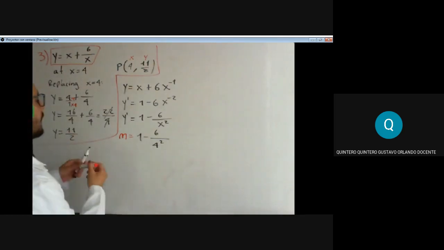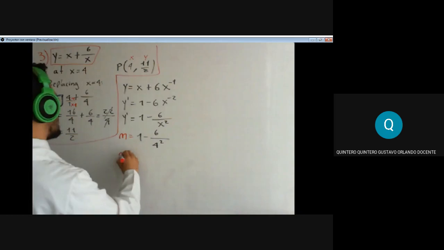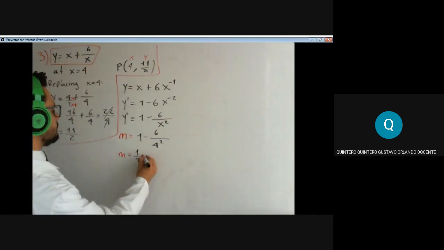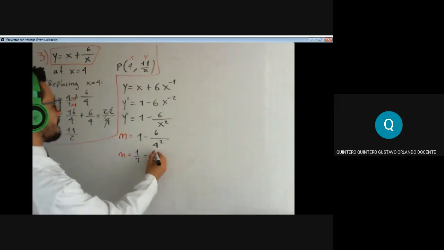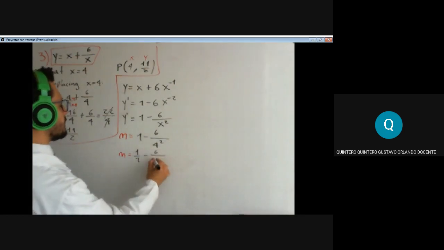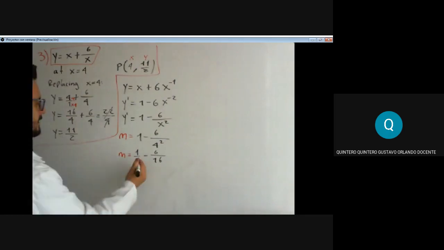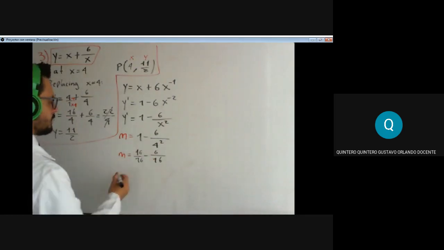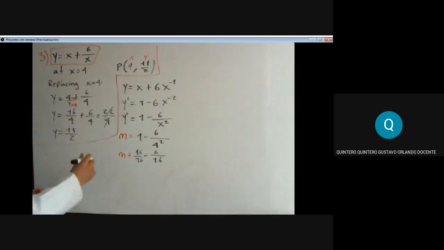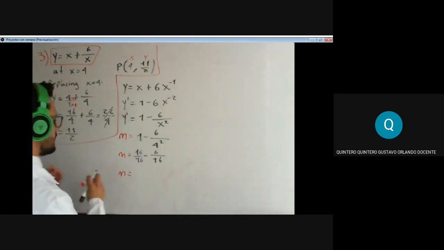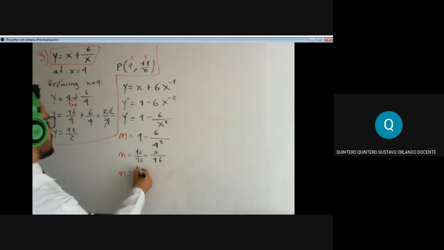Do this in the calculator or with algebra, and I'm going to have the slope of, all right, let's see, 1 over 1, and this will be 6 over 16, right? So I can amplify this function. This will be 16 over 16, right? And if I do this subtraction, I'm going to have that the slope is 16 minus 6 will be 10.